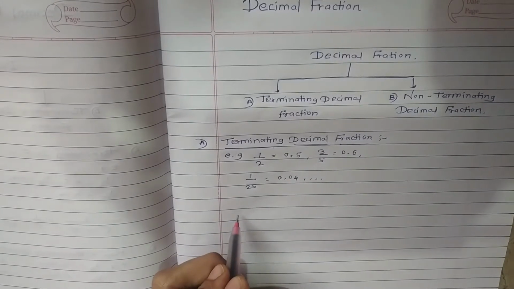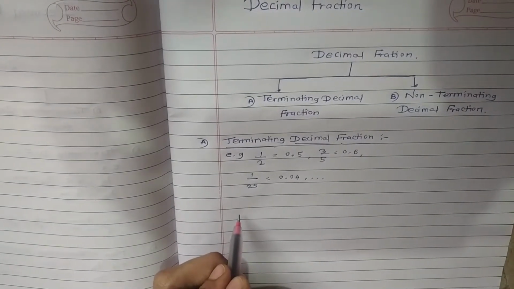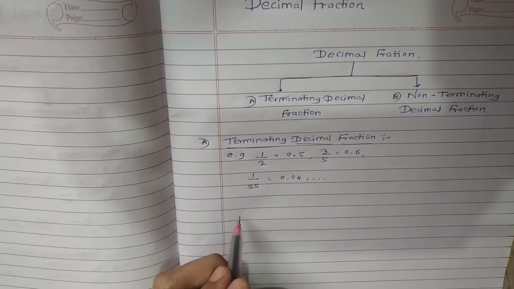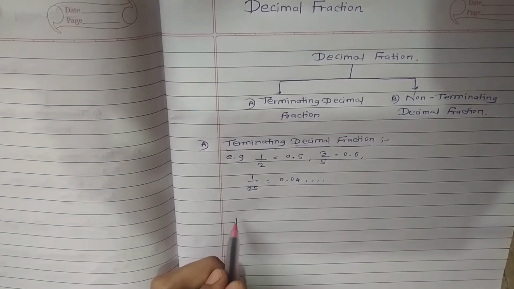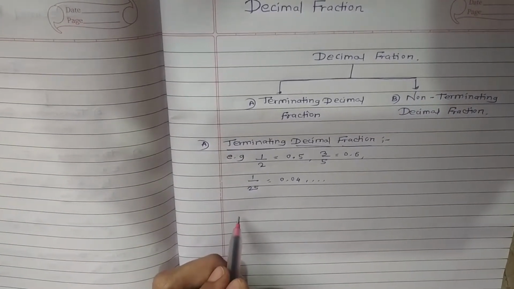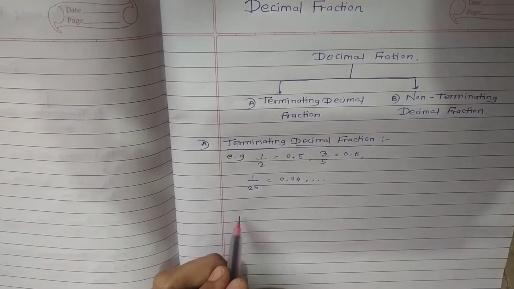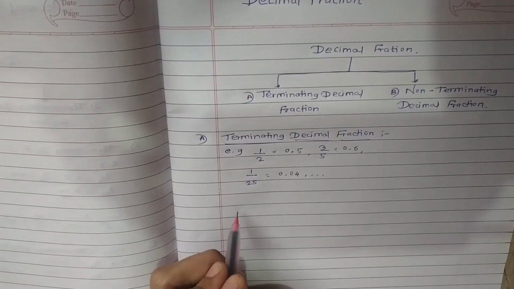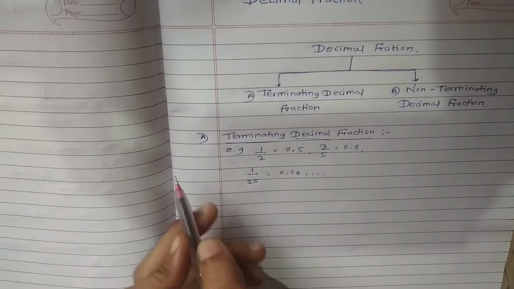In exam, there are some examples which are theory based. Like you will be asked to find which fractions are terminating and non-terminating. So how to identify whether the given example is terminating or non-terminating? It's quite easy to find.